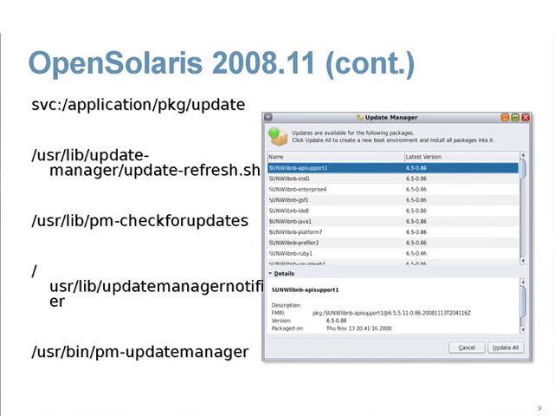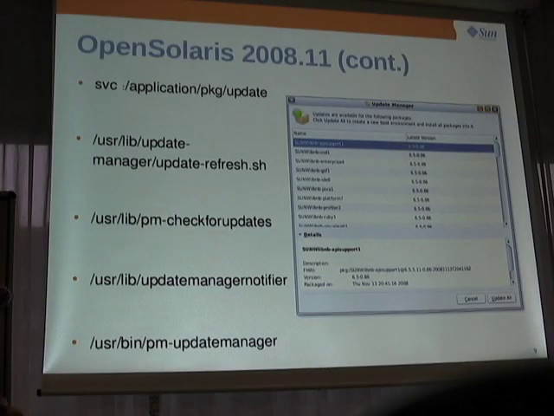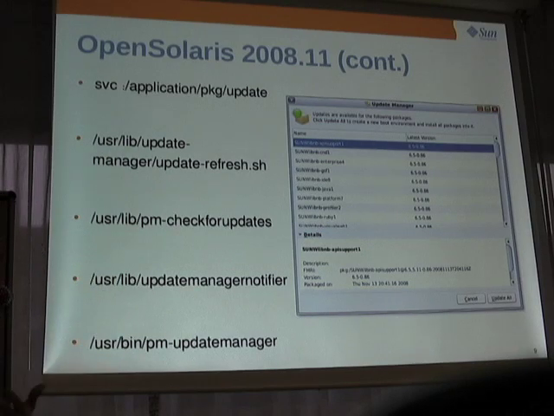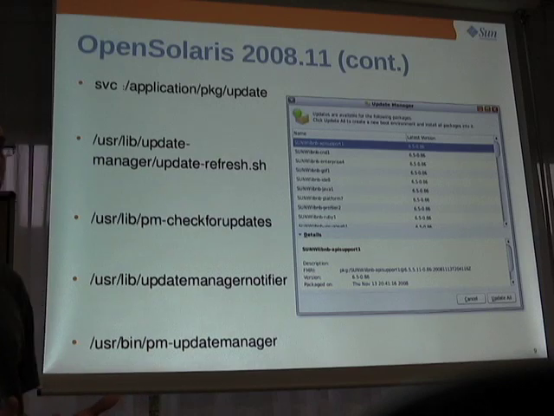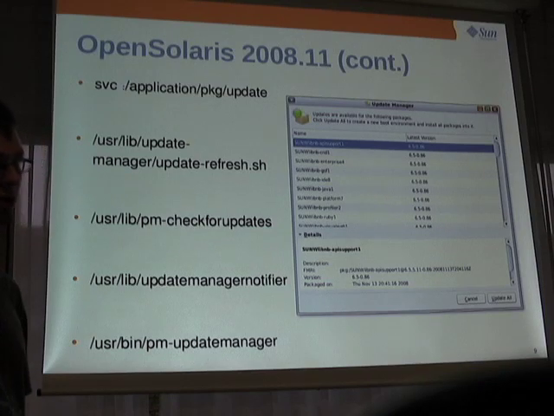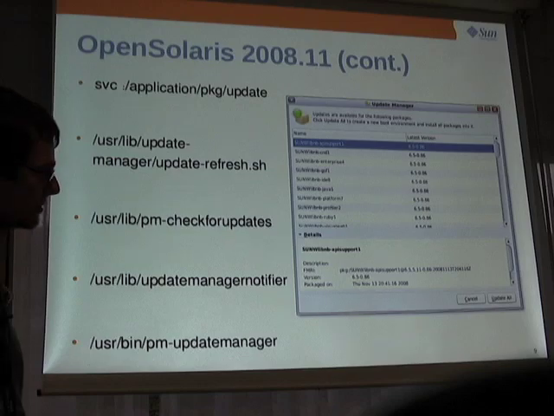This service just adds the cron job, which fires a script. The script checks if a check for updates is necessary, and if it is, it checks for updates and generates the cache file, which is consumed by those two guys. This is done because the call to check for updates is pretty heavy, so it speeds things up, and the user doesn't have to wait a couple of minutes to check if there are updates.